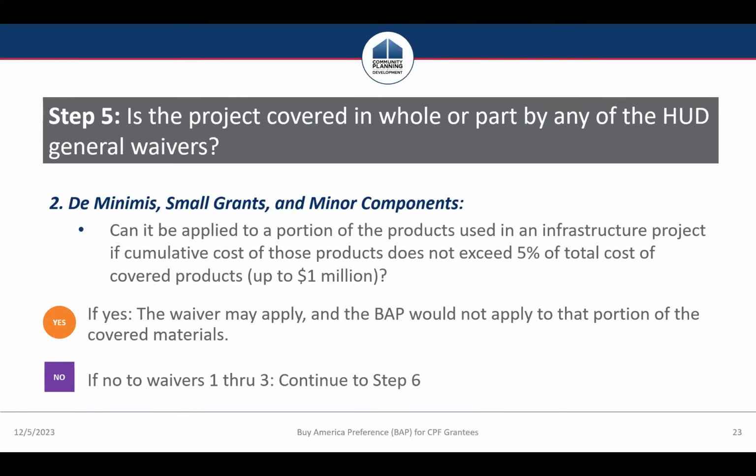So if you are in a scenario where there is one product that you can't source locally, you can't source domestically, and that product doesn't exceed 5% of the total cost of covered products, then you can use the de minimis and small grants waiver for that portion of the project, and that does not need to be a domestically sourced product.